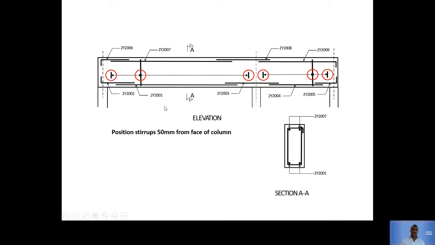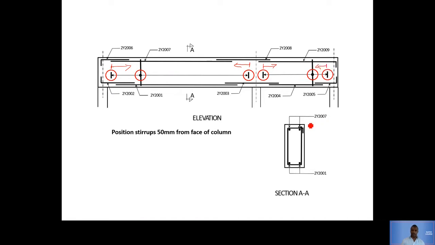Okay, so here we go again. The stirrup, 50 millimeter face of the column. So this detail is just to say that the stirrups are starting here, going all the way there, and then they end there. Okay, and then they start again from here, going all the way there, and they end right over there.